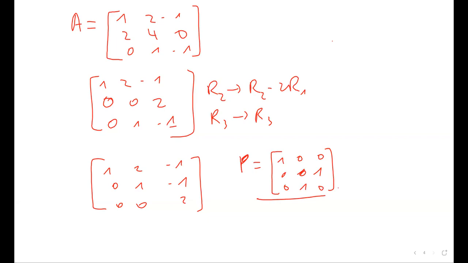So now this is our U, and then our L is 1, 0, 0, 1, 0, and then 1. And the only thing we do is that we say, okay, in our L, we used a 2 here, this scalar here.